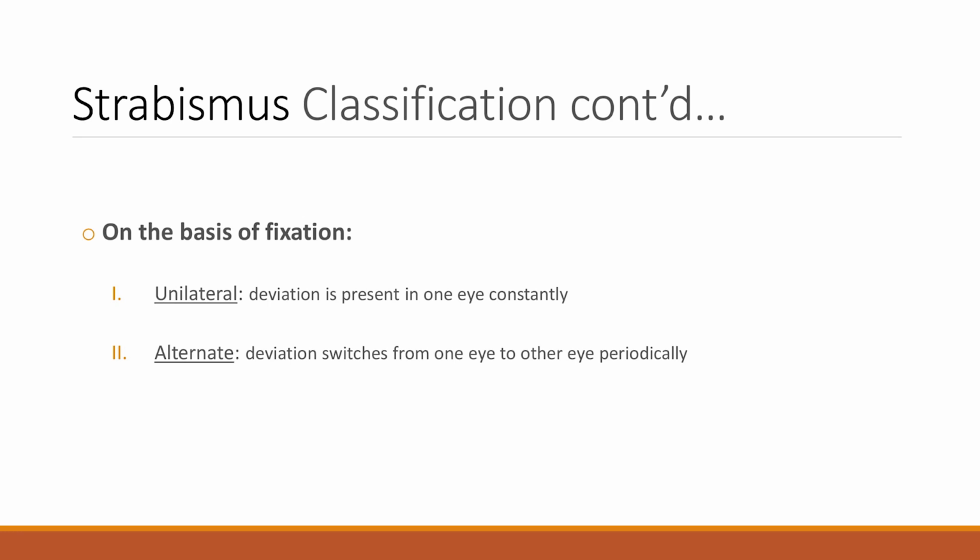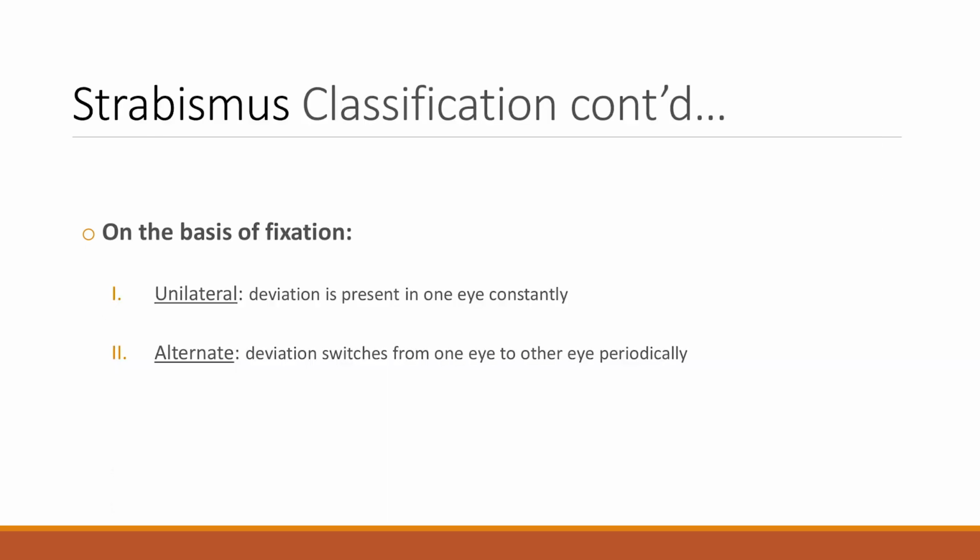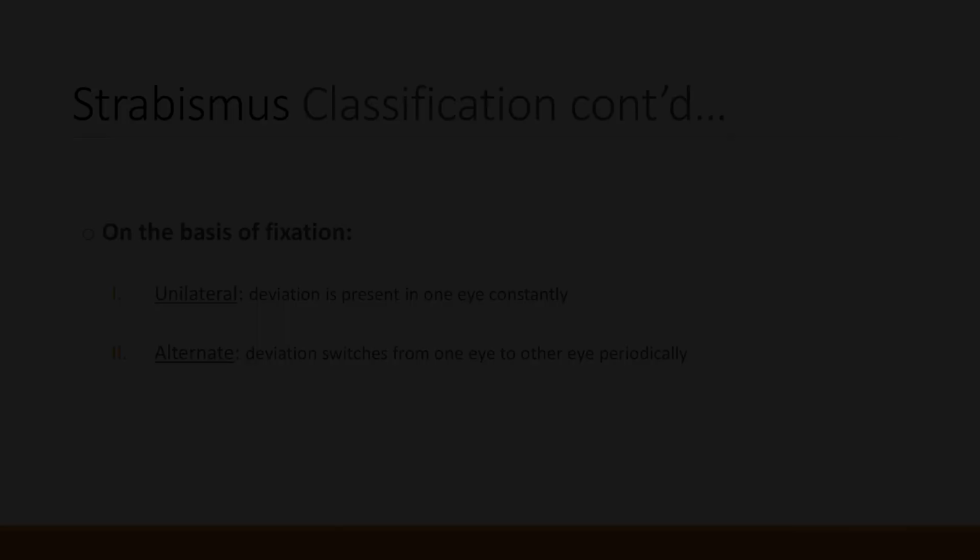So one eye is almost always fixating, and the diseased eye is deviated. While in the alternating case, fixation switches from one eye to the other, and the vision is usually good in this patient, and that is what we define as alternating strabismus.